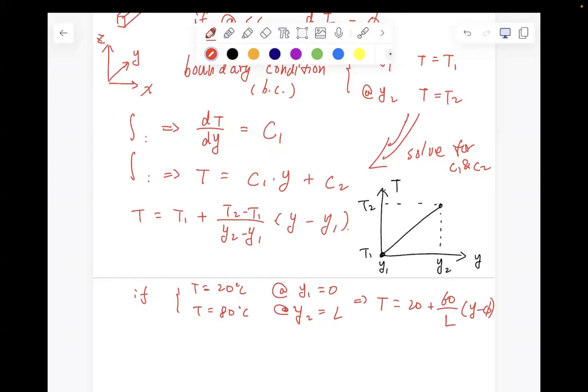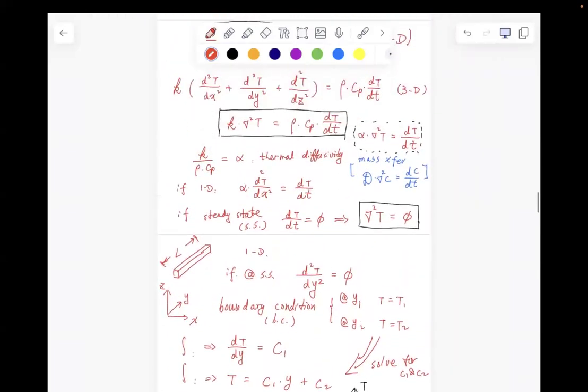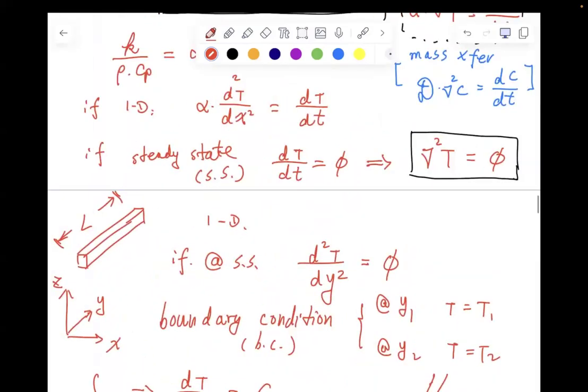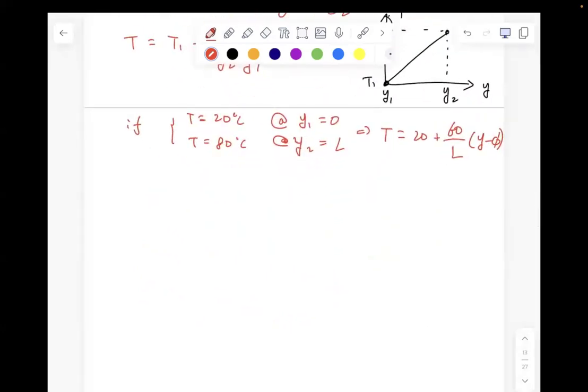All right, so this is a one-dimensional special case at a steady state for this generalized solution boxed in the black box here. And then the second type of special case we talk about is a two-dimensional case.